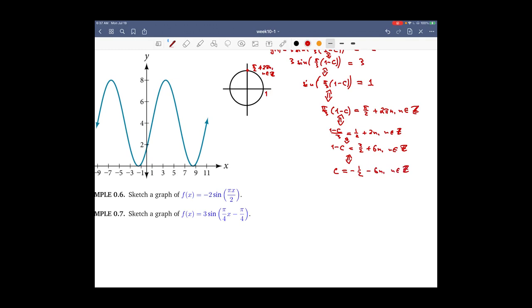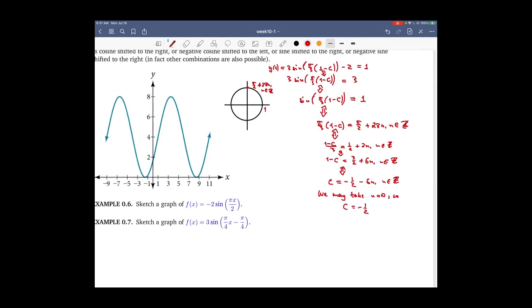And I don't need to find all values of c. It's enough to find one value of c. So we may take n to be 0 in this formula, and so c is simply negative 1 half.